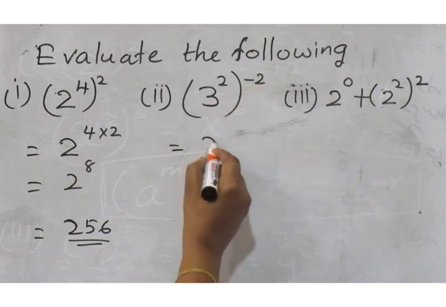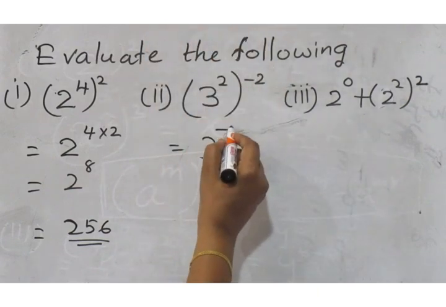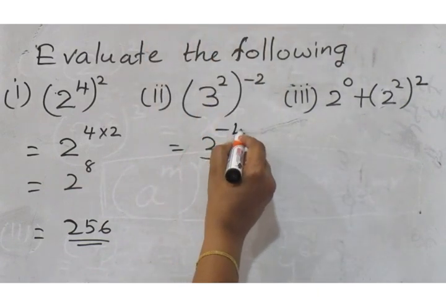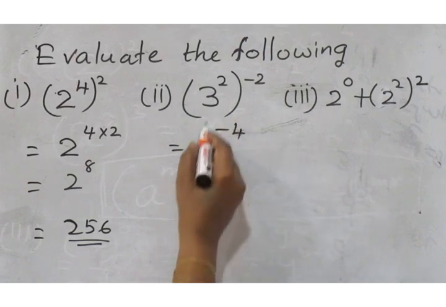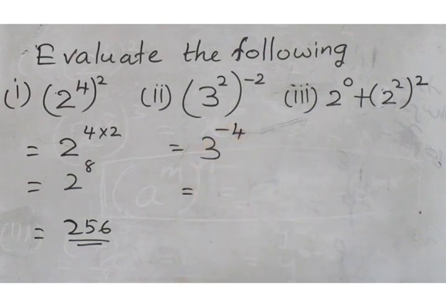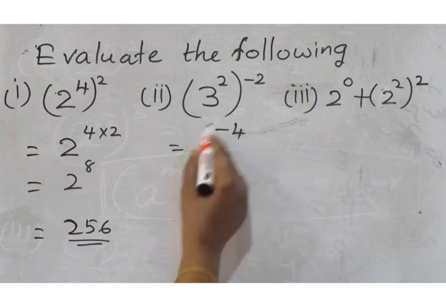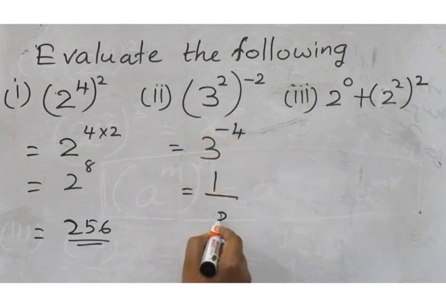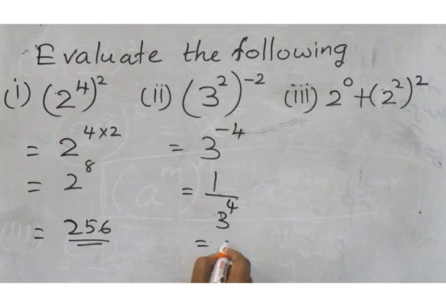Take the product of two powers using this rule, 2 into negative 2, negative 4. Convert this negative index to a positive one by taking the reciprocal. Then the answer is 1 over 3 to the power 4, which is 81.